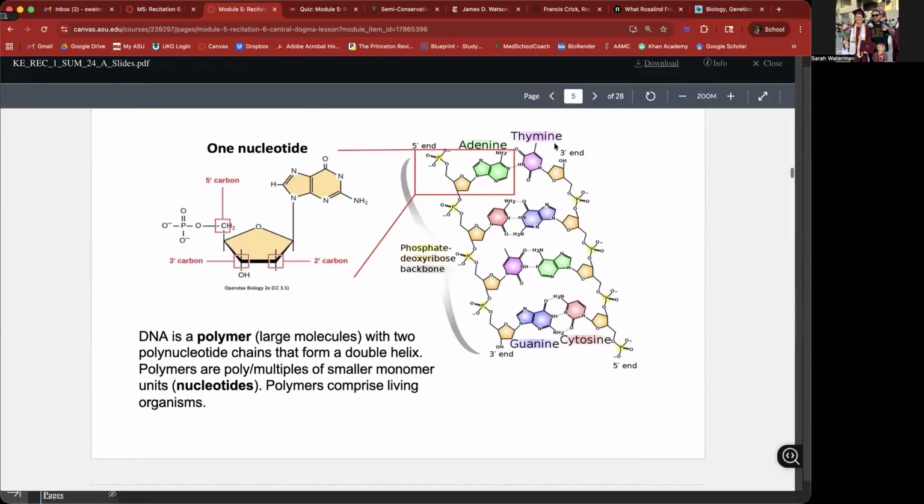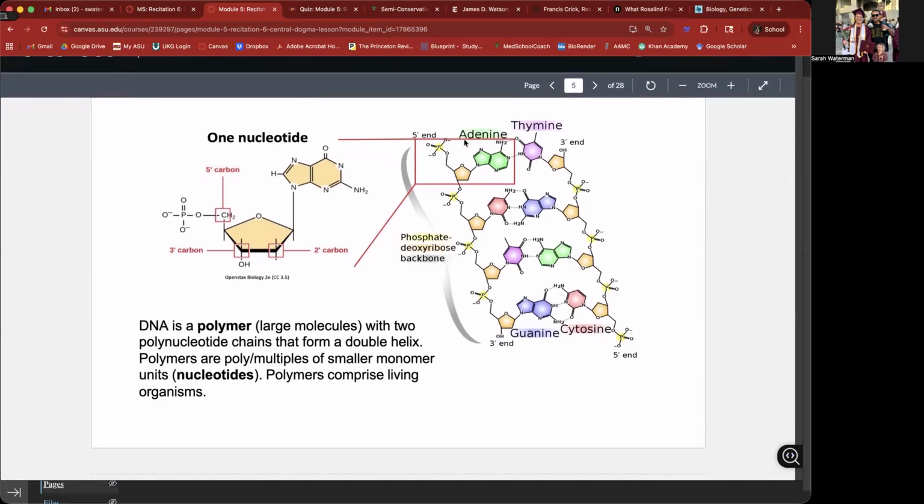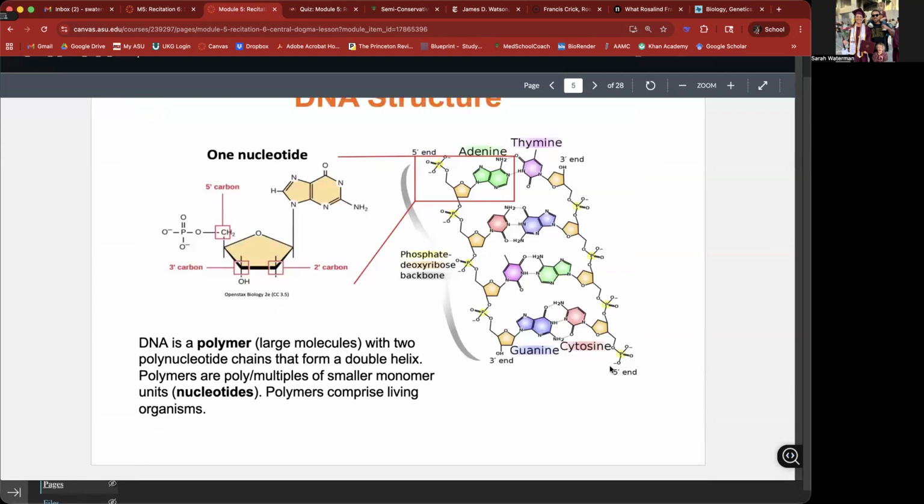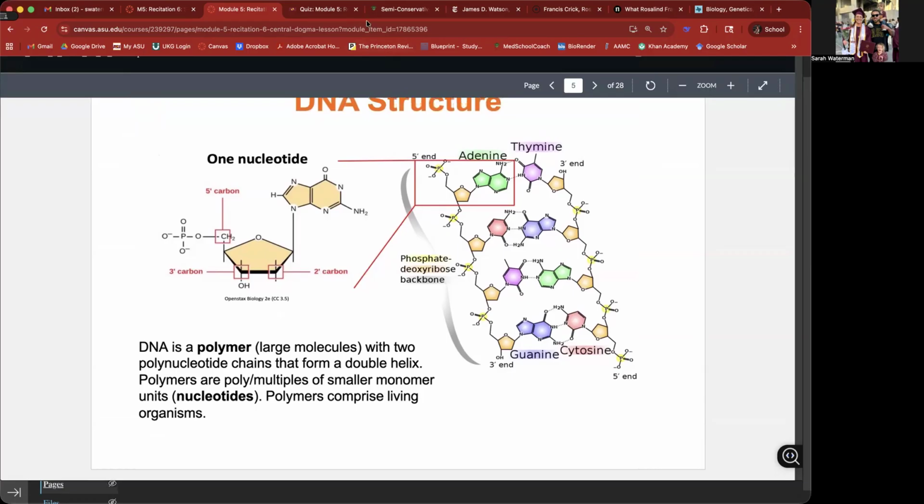Through transcription, you're going to have an equal number of uracil per adenine. But in a DNA sequence itself, you are going to have the same amount of adenine as thymine, and the same amount of guanine as cytosine. It won't necessarily be 50-50, like 50% adenine and thymine and 50% guanine and cytosine. It just means that the percentage of these two will be equal and the percentage of these two will be equal.